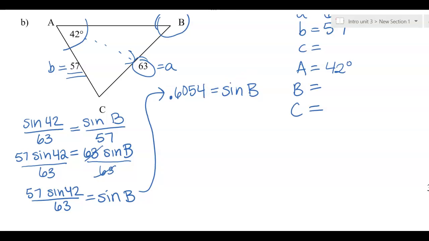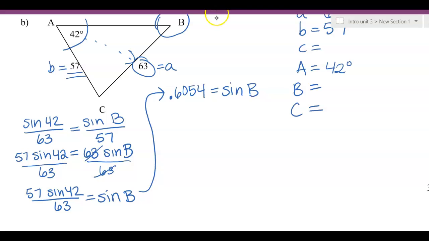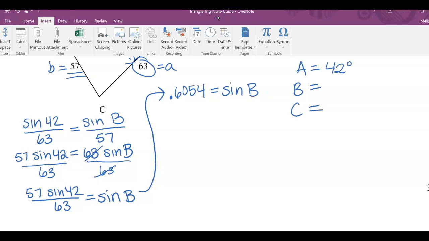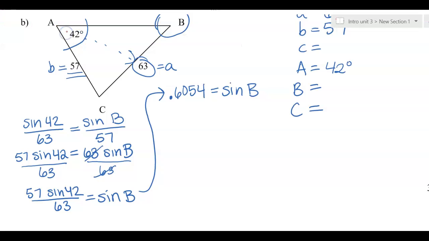Okay, so again, I took this step for those of you that really don't like looking at all that algebraic stuff and trying to understand the inverse sine of that. When you look at it like this, it might make a little more sense. This was actually in our beginning notes. What do we do when we have something that says sine of an angle equals something? Then we take the inverse sine of each side.